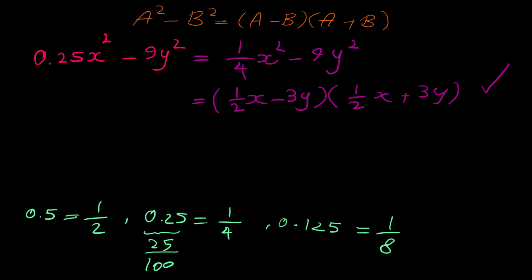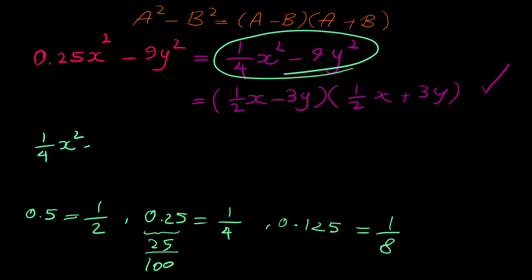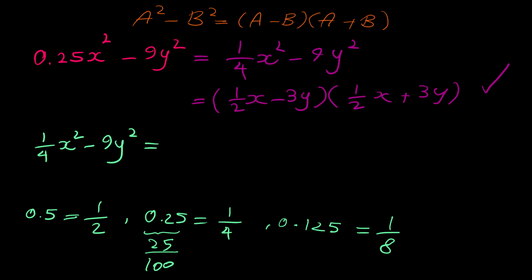But if you want to follow the method that we used in the previous questions, and you don't like to have fractions in your brackets, another way of factoring this expression is this. First we multiply all of these expressions by 4 to get rid of fractions. If we multiply everything by 4, then we have x to the 2 minus 36y to the 2.